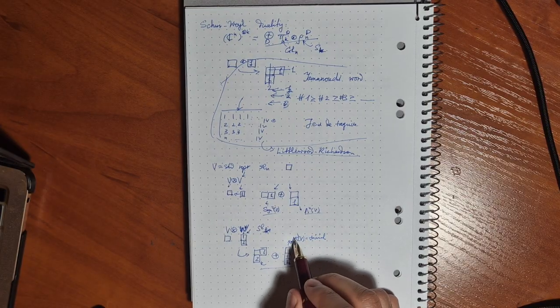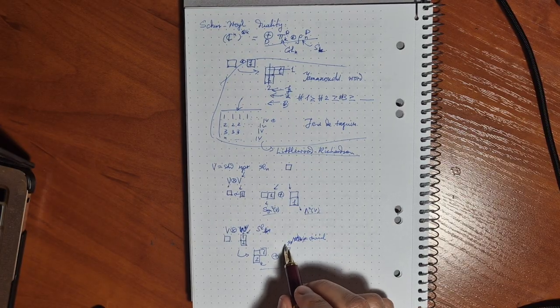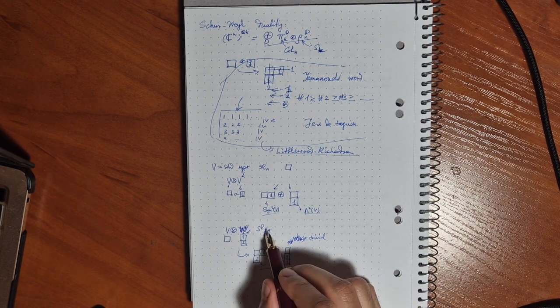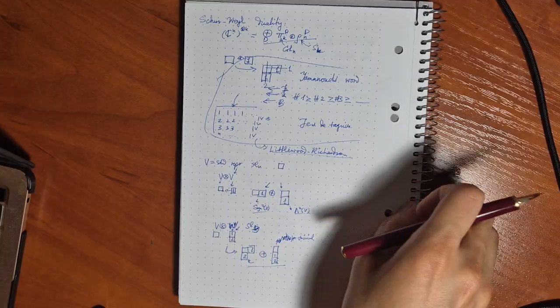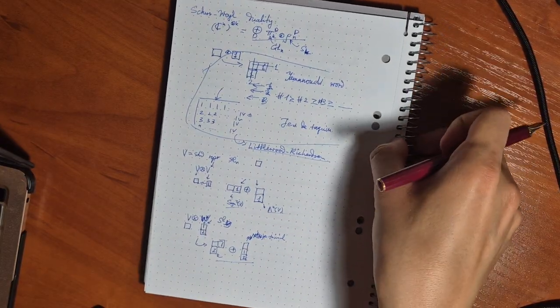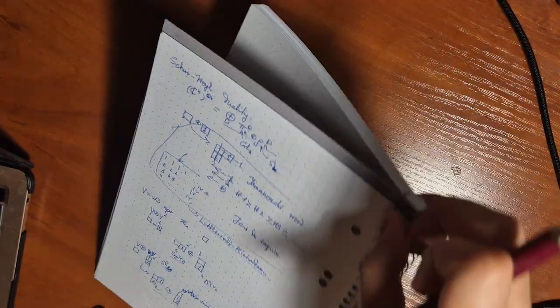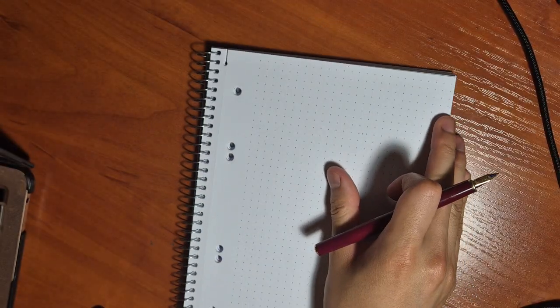Then this stays for the SL3 case. Yeah, and what else do we have? The next exercise that we wanted to solve is... I need to see if it's well aligned.